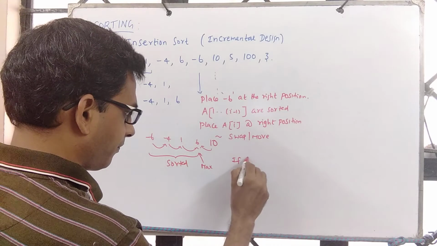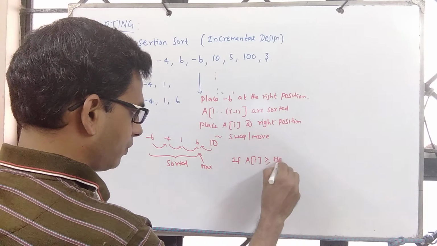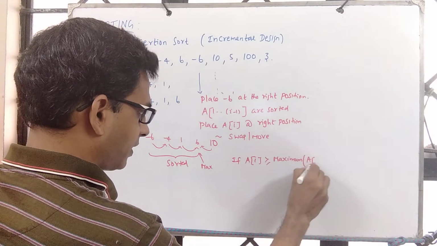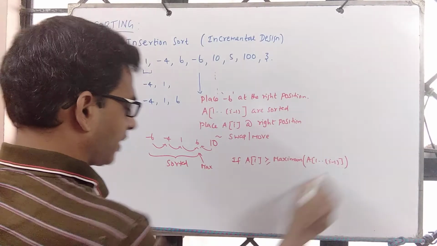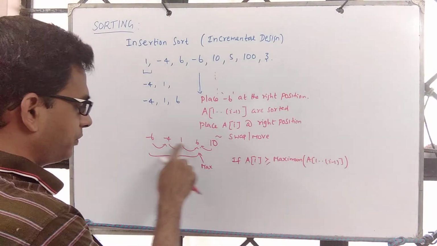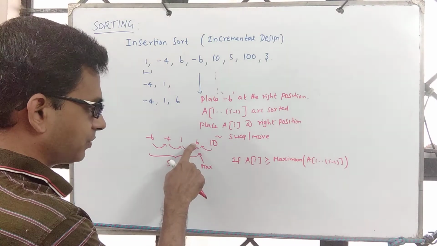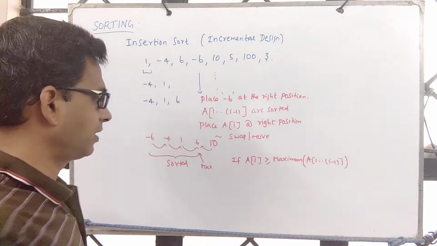So if A of i is greater than or equal to maximum of A1 to i minus 1, where do you see the maximum of A1 to i minus 1? At i minus 1th location, because first i minus 1 elements are sorted.